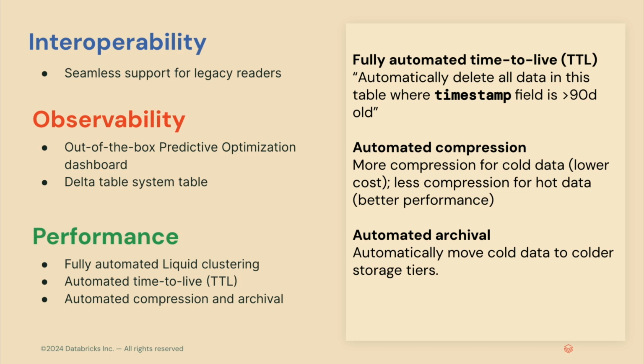So can we automatically archive that same data to colder tiers of storage? And finally, it includes something like automated TTL. This is a really commonly requested use case for us where you might say something like, hey, for any row where timestamp is greater than 90 days old, just go ahead and delete that and vacuum that for me. So the idea here is that your data in UC managed tables is just going to get more performant and cheaper automatically over time.